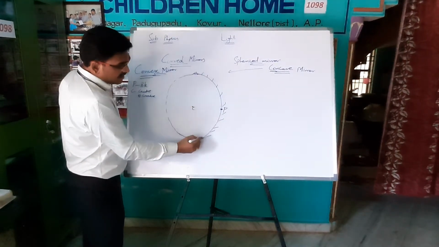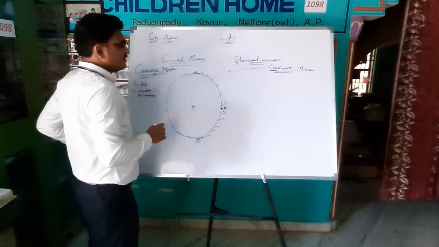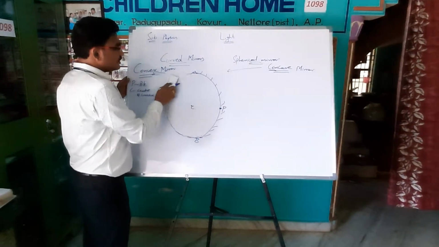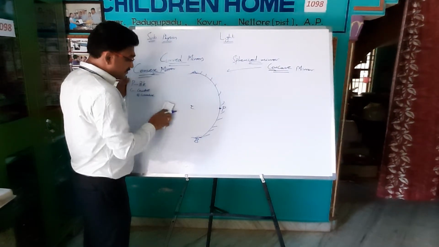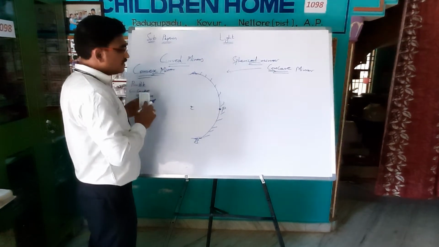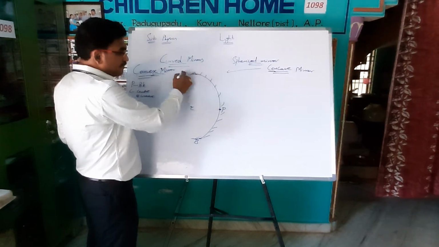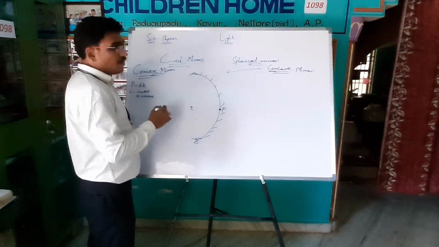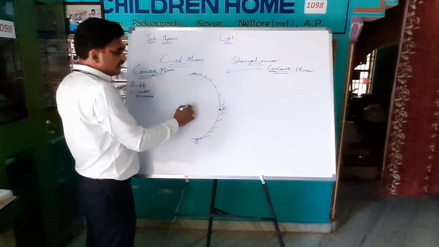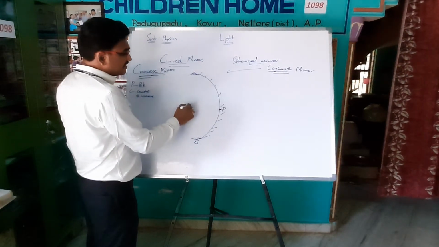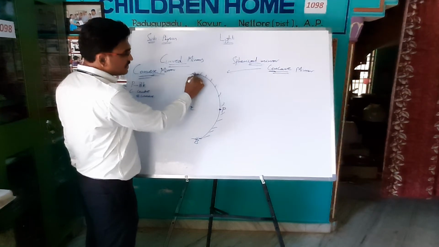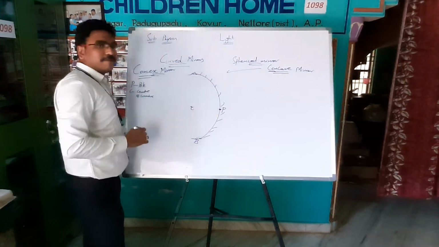What is the spherical mirror? AB. AB is a part of it. That is what you should understand. That's why I can call it the center of curvature. So C is the center of the sphere of which the spherical mirror AB is a part.